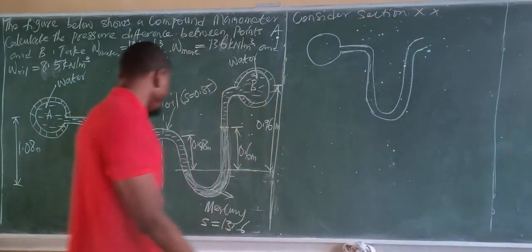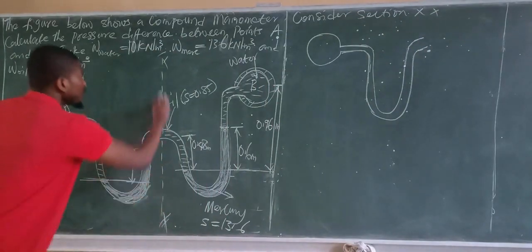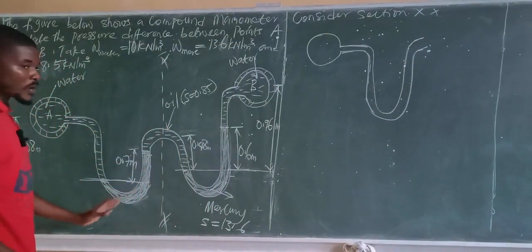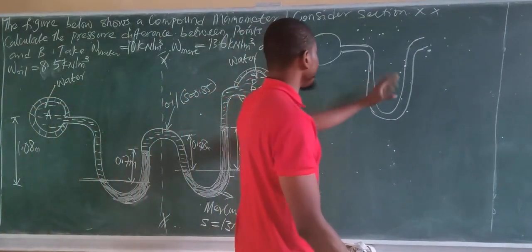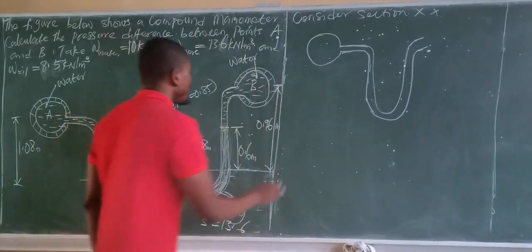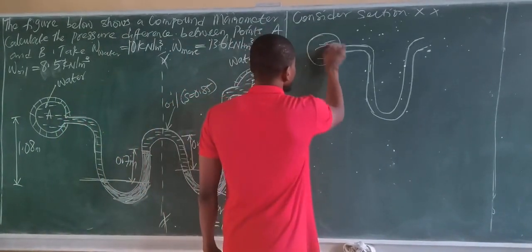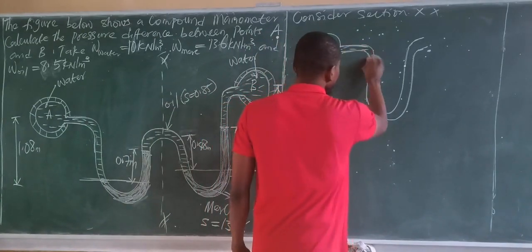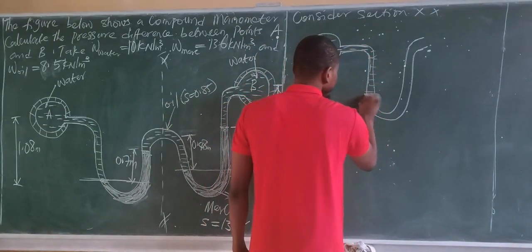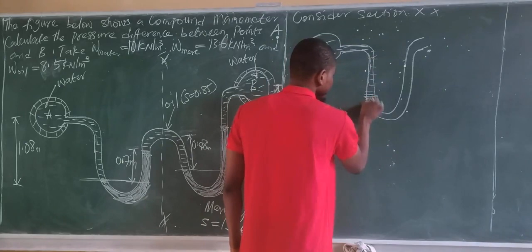That is simply this section here, X and X. Cutting this into two, I will have this first portion of the U-tube manometer. Remember, what is inside there is water, so you can signify that here. And then you have mercury from here.